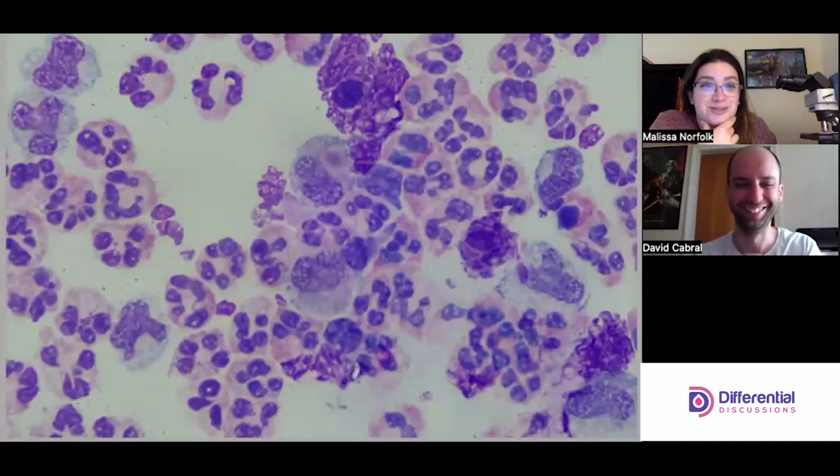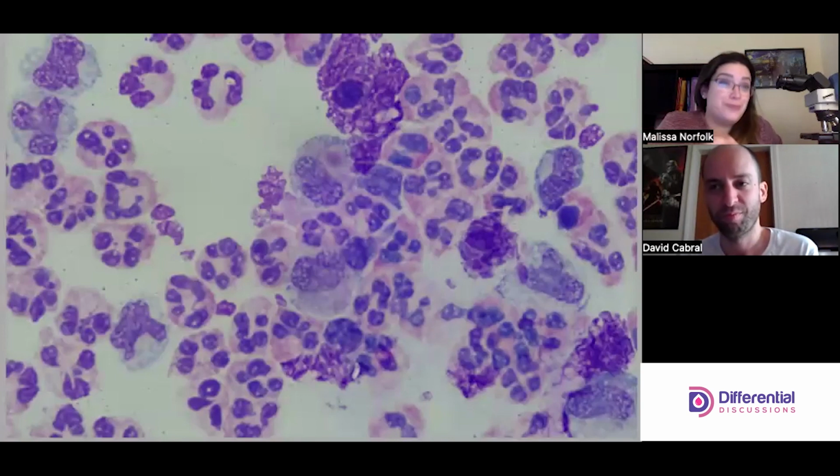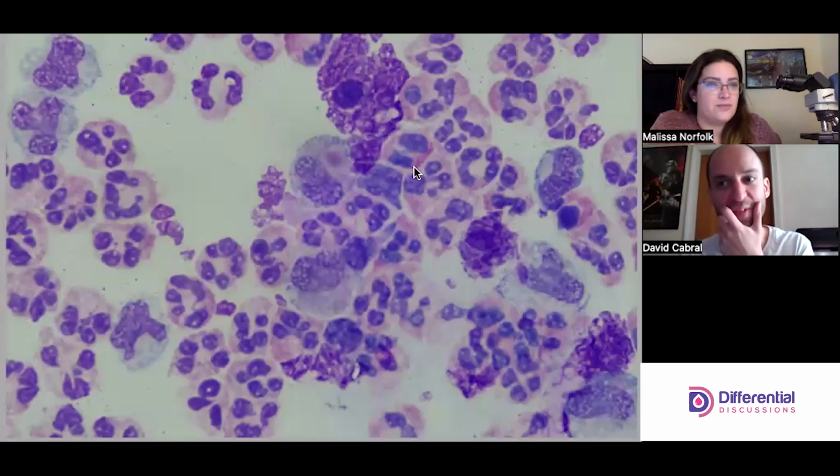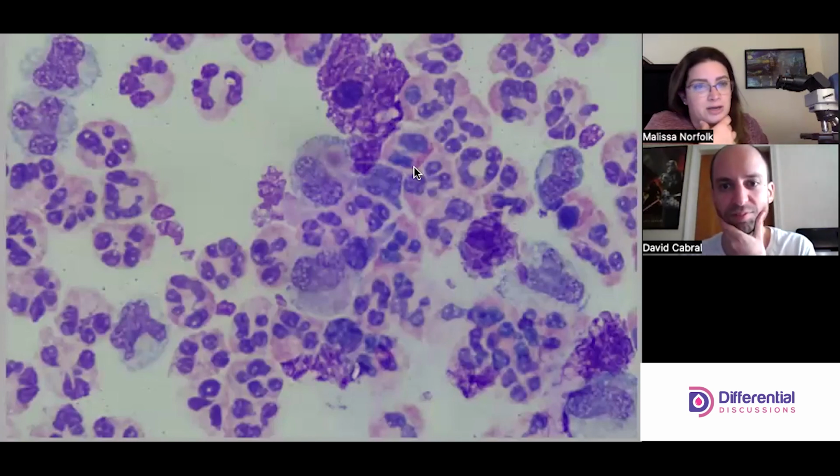You really do need to look for the size of the granule, because EO granules are large and chunky, of equal shape and equal size, whereas neutrophilic granules are pinpoint. We can see that these granules, especially over right here where it looks like a nice bright pink color, are pinpoint. I can't even really see them very well. They're so small that they're neutrophilic granules. It's just the pH of the fluid impacting the color uptake of the granules.